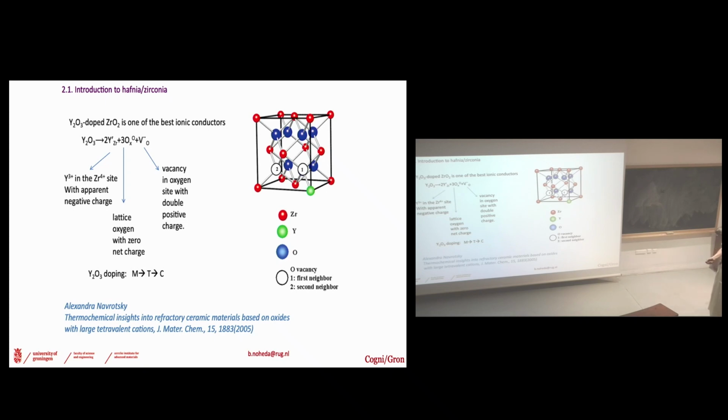Okay? For those of you who are working on this or are interested, I really recommend the papers by Alexandra Navrotsky. She is one of my heroes, and she has done a lot of work on hafnia and zirconia nanoparticles, and there is a lot of knowledge in her old papers.